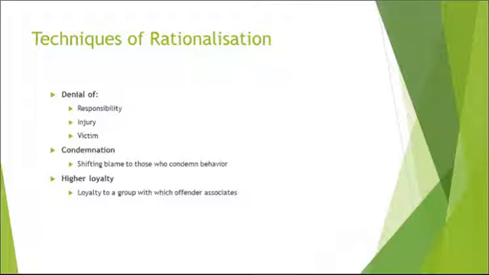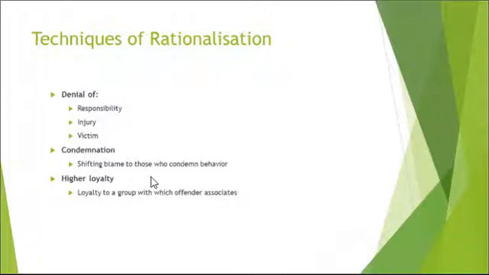Second is denial of injury, when offenders feel their behavior did not affect anyone or harm anyone, and isn't against the law. The third one is the denial of the victim, when the offender believes that the victim deserves the injuries that were caused.